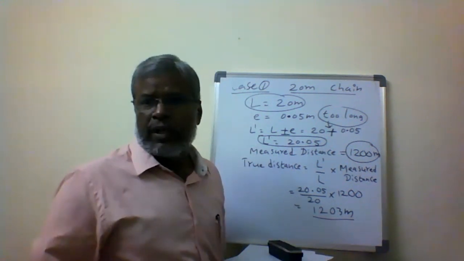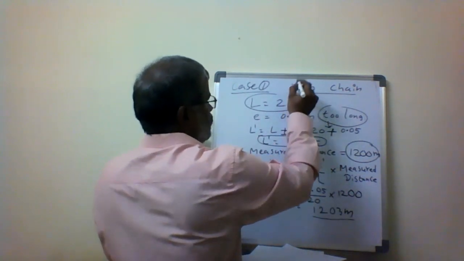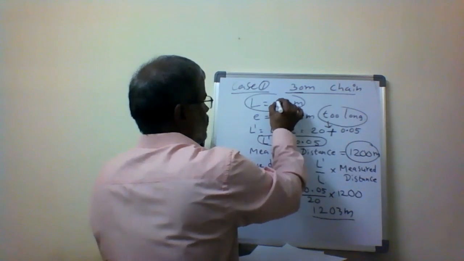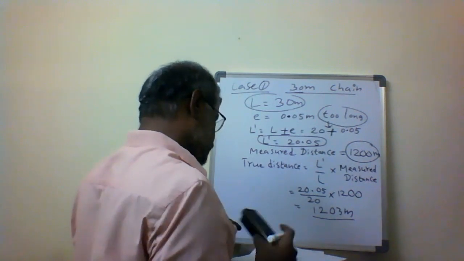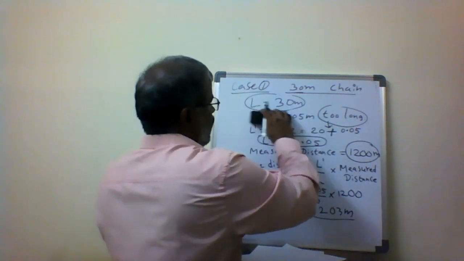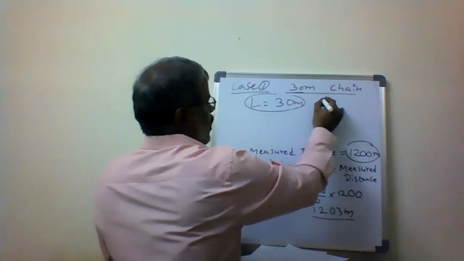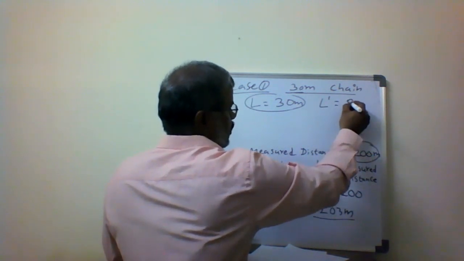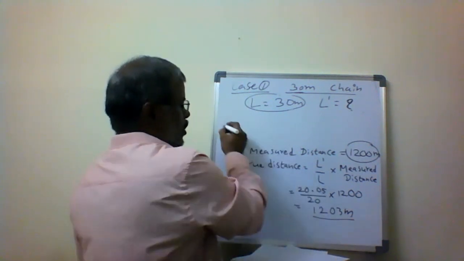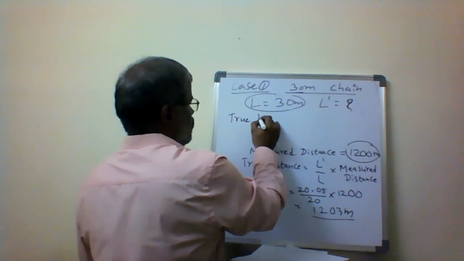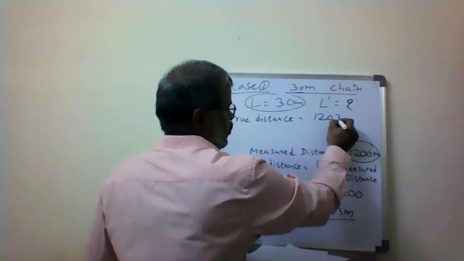Then next we'll go for the 30-meter chain. L equals 30 meters, and error and L dash are unknown. L dash has to be calculated, and the true distance is 1,203 meters.